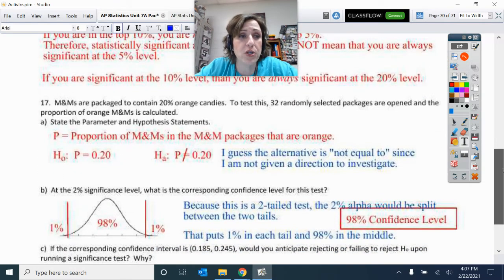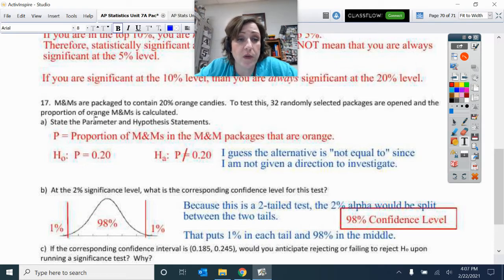Okay, so on this number 17, here we have 32 randomly selected packages are opened, the parameter and hypothesis. So we just have this claim of 20% orange candies, but we don't know what our results are going to be.